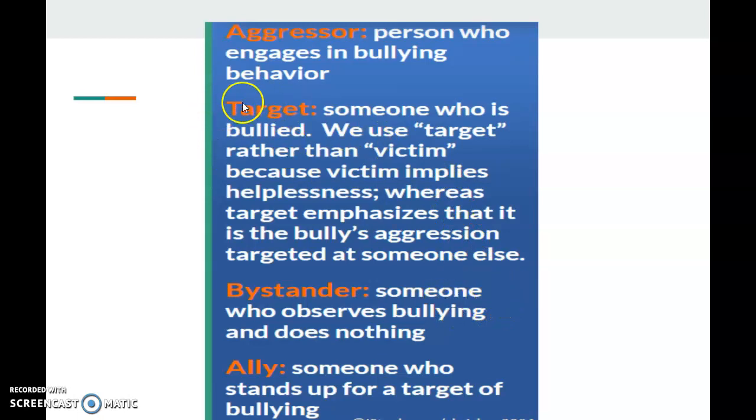The bystander, someone who observes bullying and does nothing. And then an ally, who stands up for the target. So those are the people.